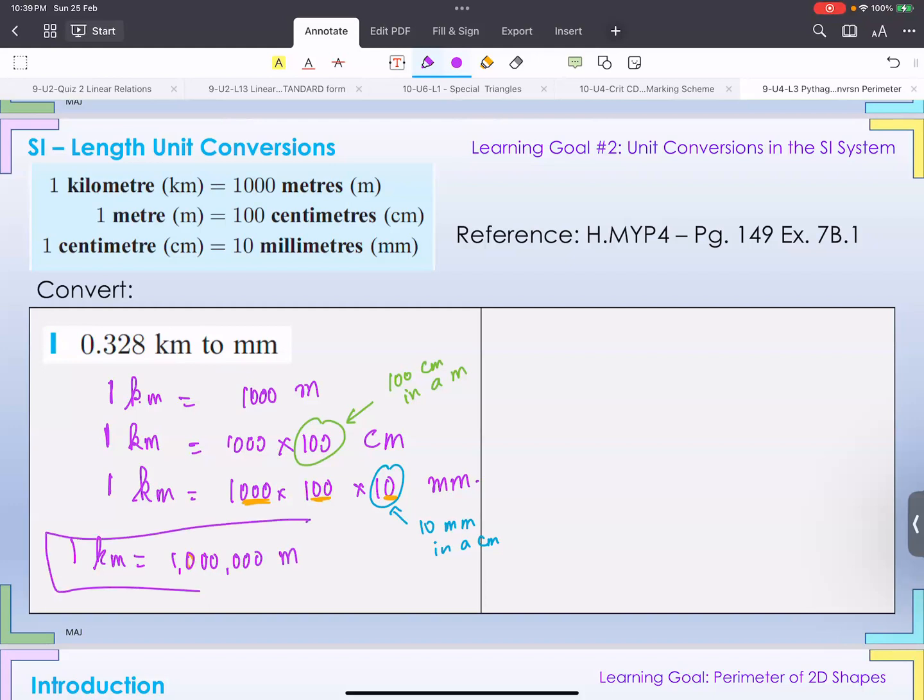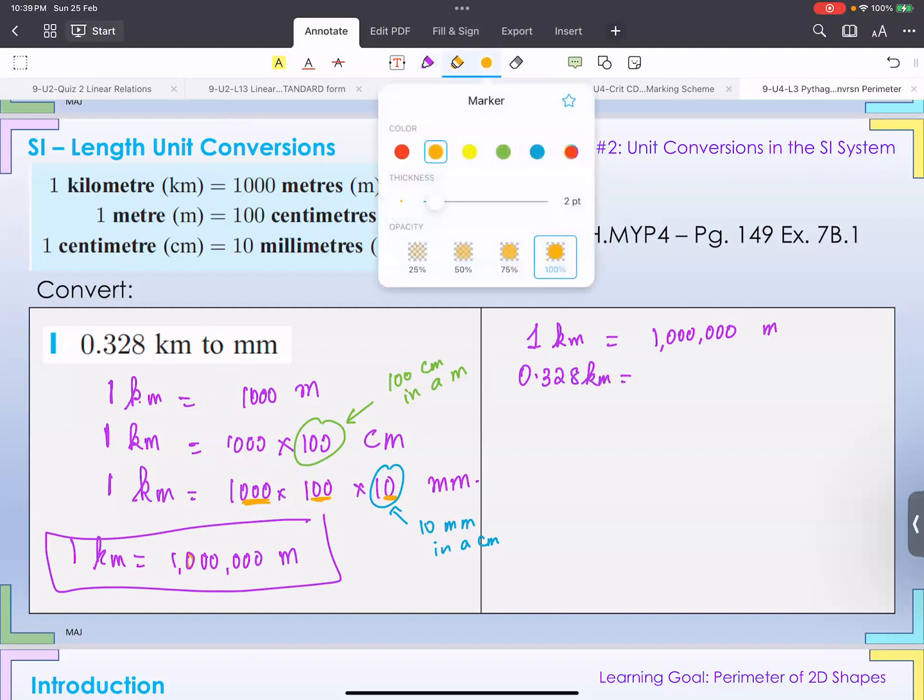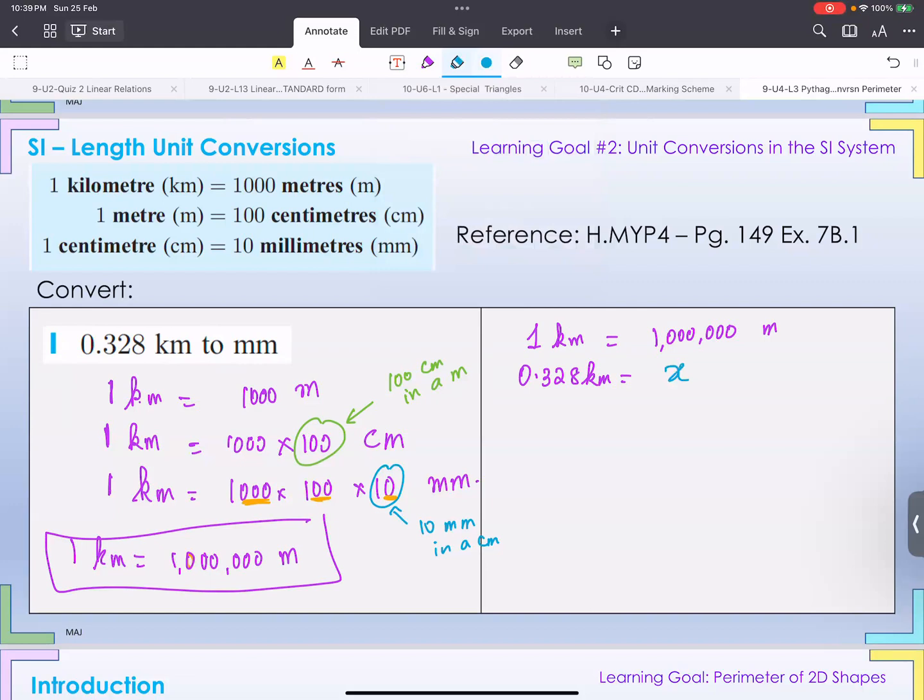Okay, so here's your conversion. So now line up your conversion with your question. Okay. Set up the ratio. And therefore, from the ratio, you're going to be able to cross multiply.